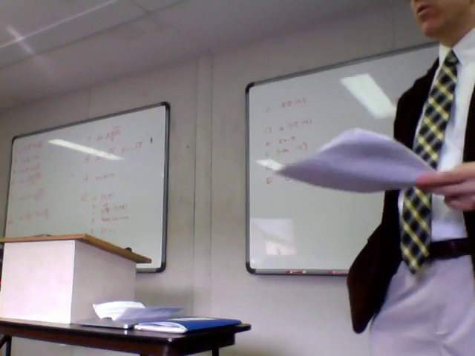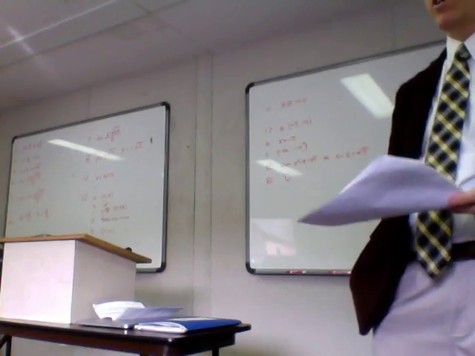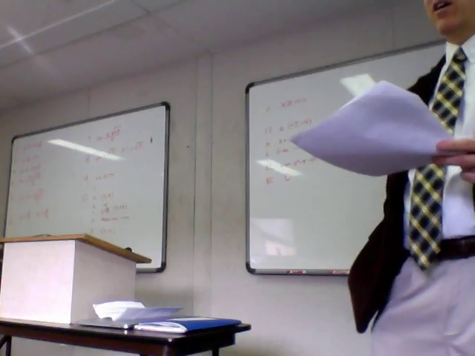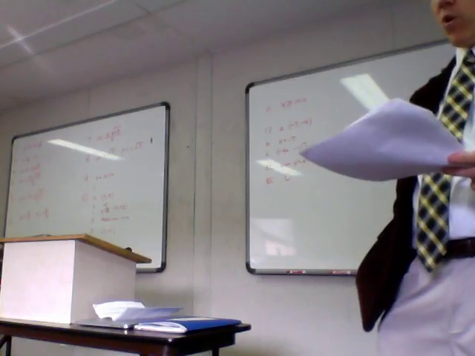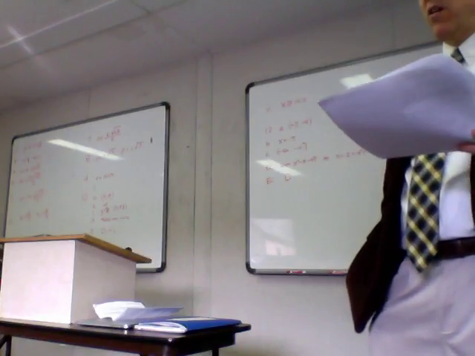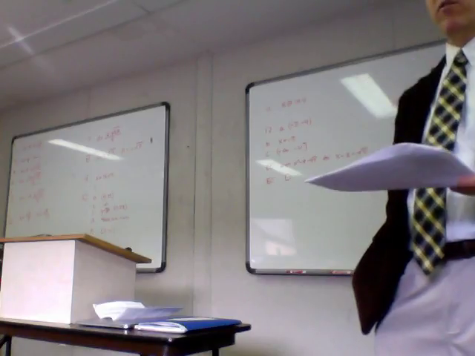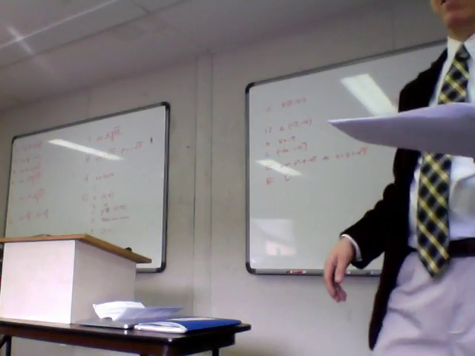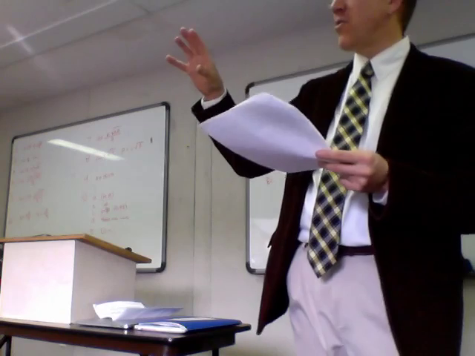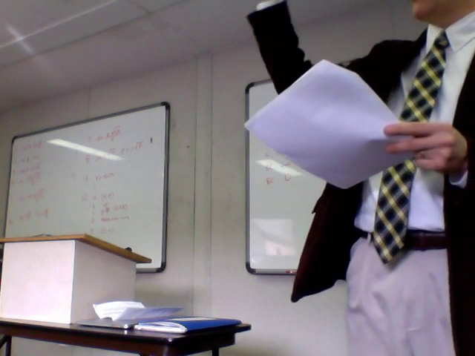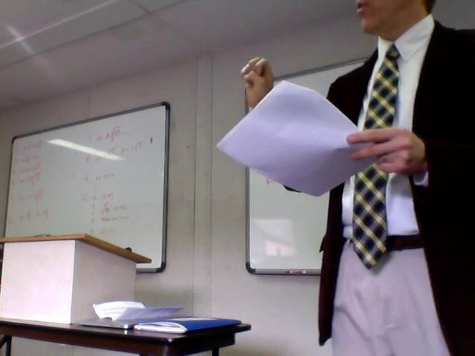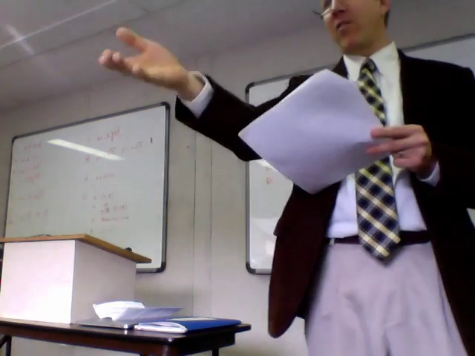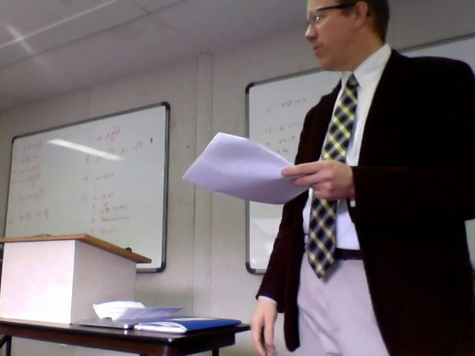Because we have 4 rules of simplifying radicals, one of which is you can't have a radical in the denominator, or in this case, a fraction under a radical. And it amounts to the same thing, doesn't it? Because if you have a fraction under the radical, Cayman, you can take the square root of the numerator over the square root of the denominator, and then you're back to having a radical in the denominator, which you can't do.